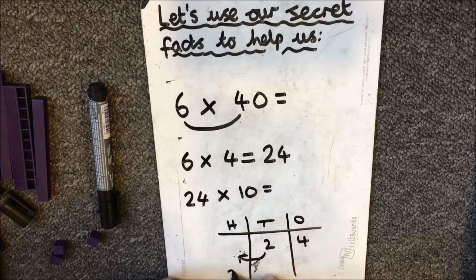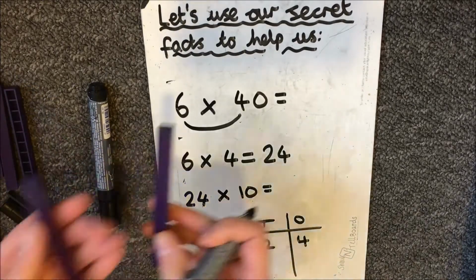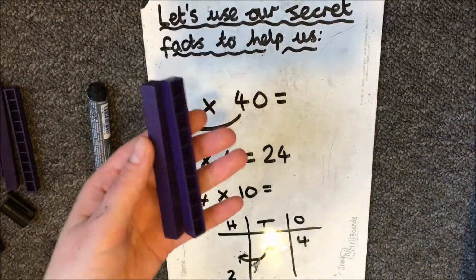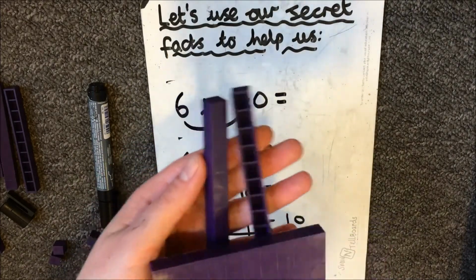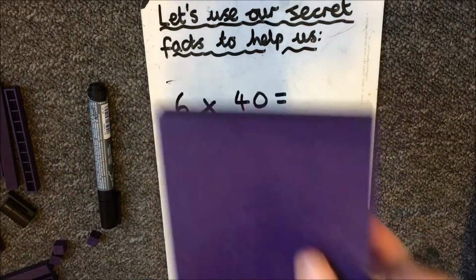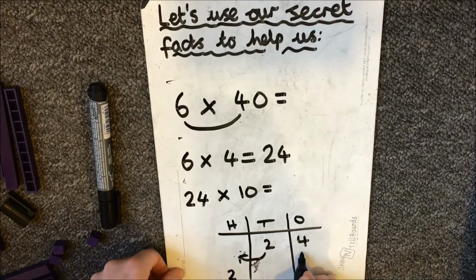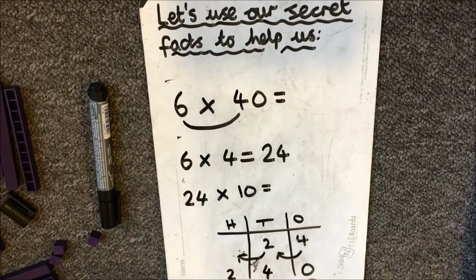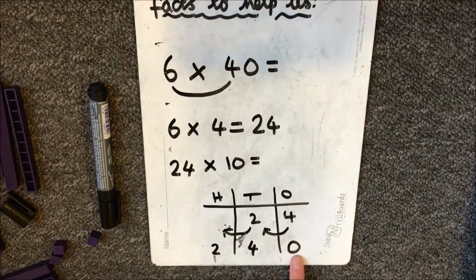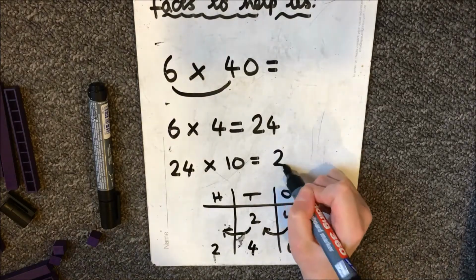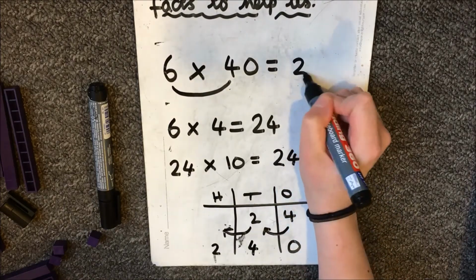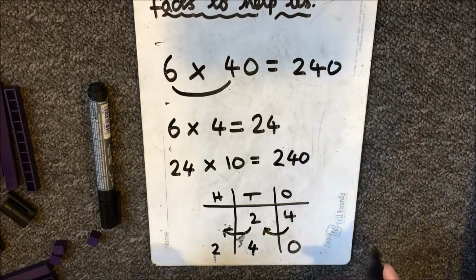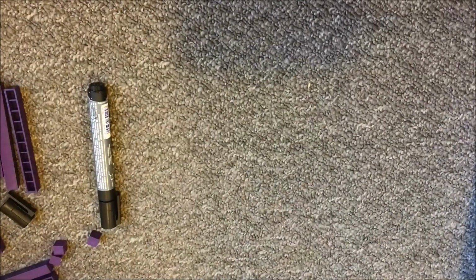This becomes hundreds. Because if I times this by 10, they each become 100. Do you remember I have 10 tens in 100? The 4 ones become 4 tens. And now I have 0 ones. You must put the 0 here as a placeholder. If you don't, it will look like 24. So my answer is 240. Oh my goodness. We're getting really good at this now.